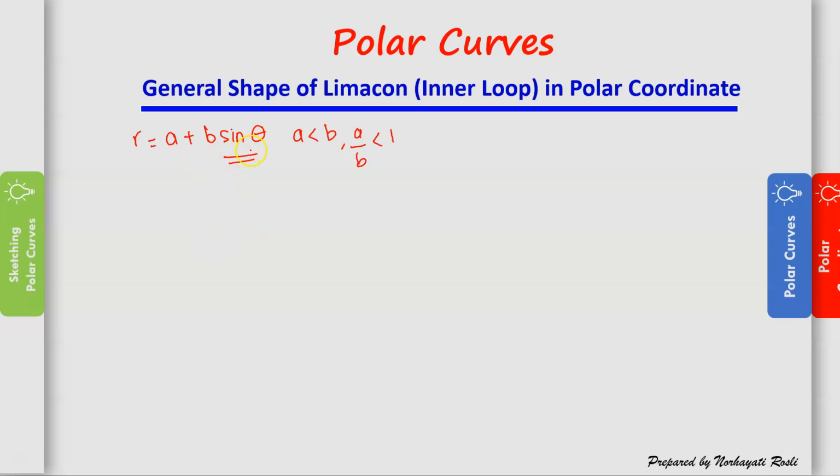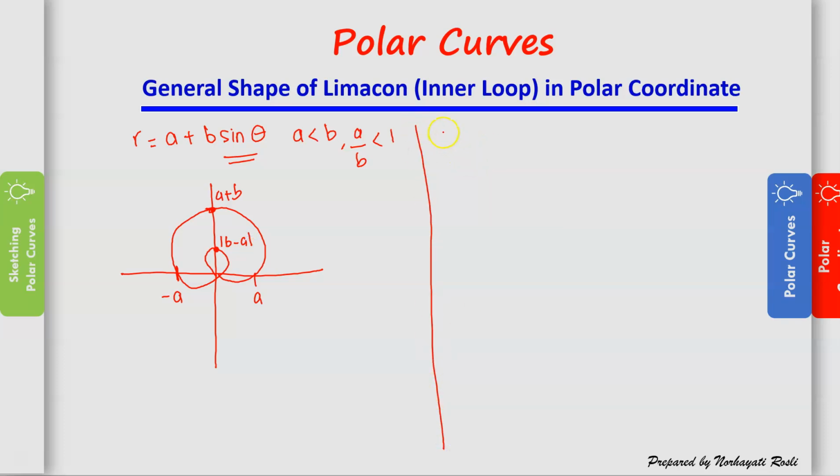In this case, the sine function is positive, so our Limacon is given by this kind of shape, but we have an inner loop. For this point it is negative a, here is a, at this point it is a plus b, and at this point, which is in the inner loop, it is the absolute value of b minus a.